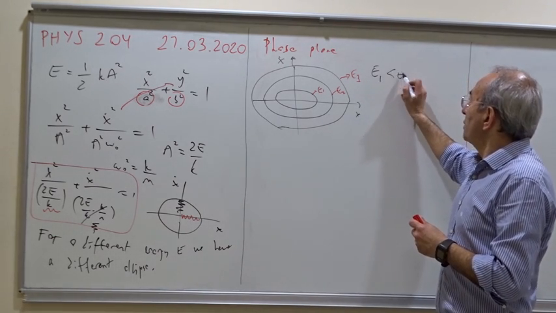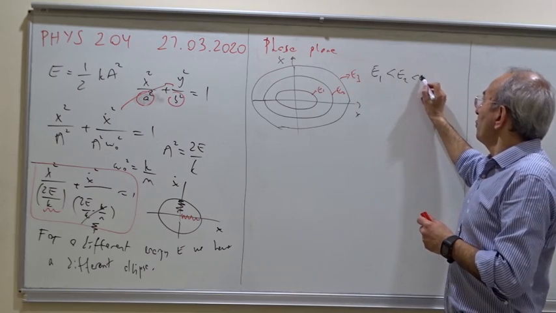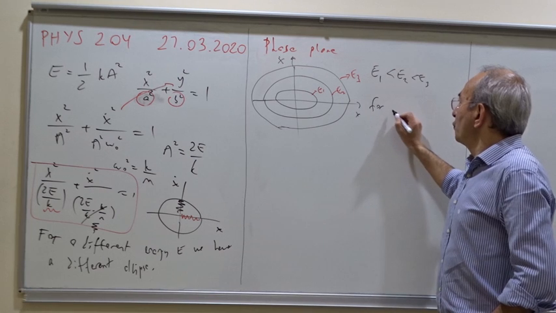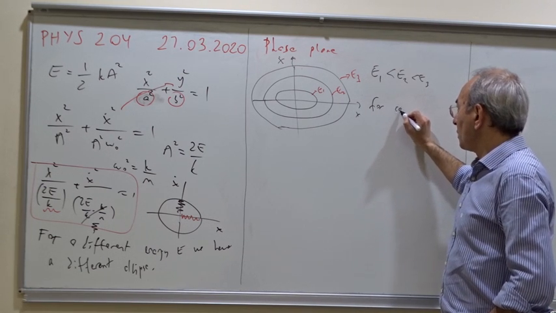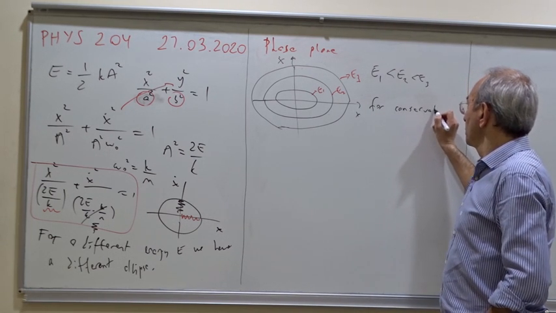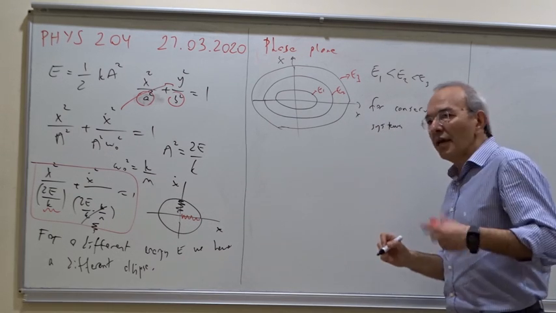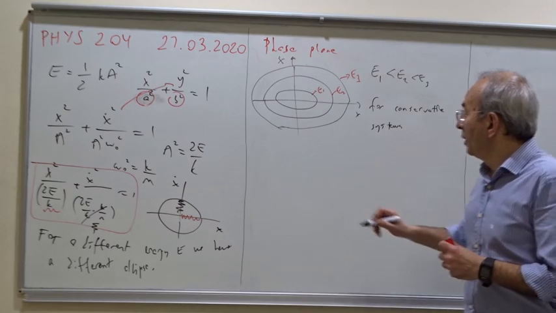So in our case, E2 is greater than E1, E3 is greater than E2. But they are closed ellipses. This is for conservative systems, or for the cases where energy is conserved.